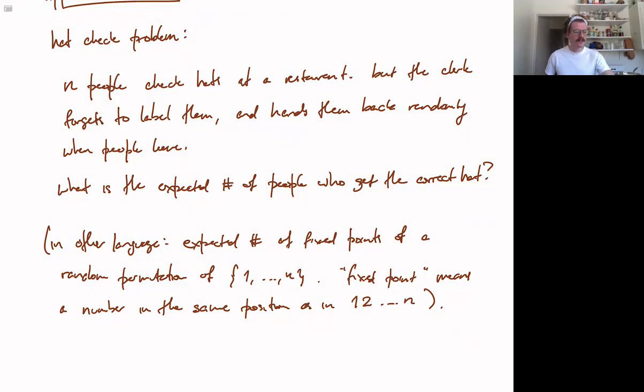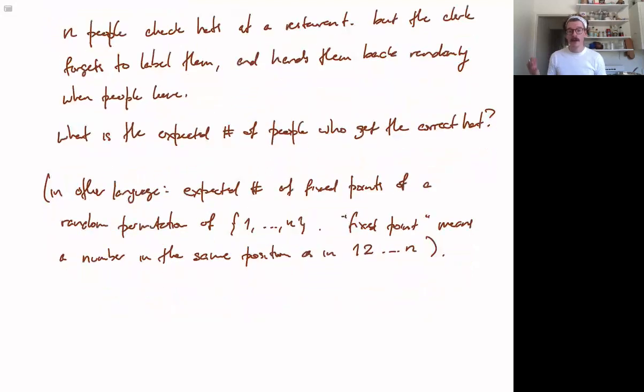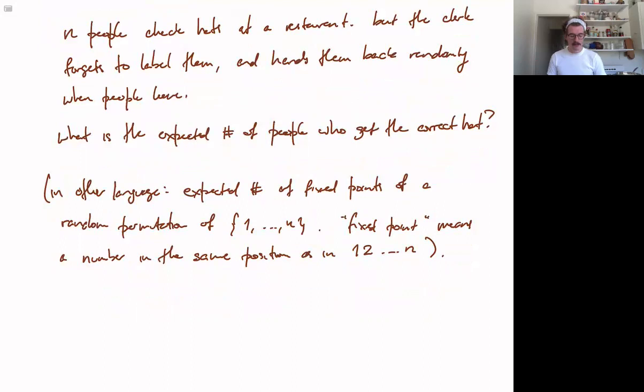Basically, if you try to apply the definition of expected value, it's going to be an absolute nightmare. But linearity of expectation allows us to break it down. So let me say, not at all clear how to compute it directly.